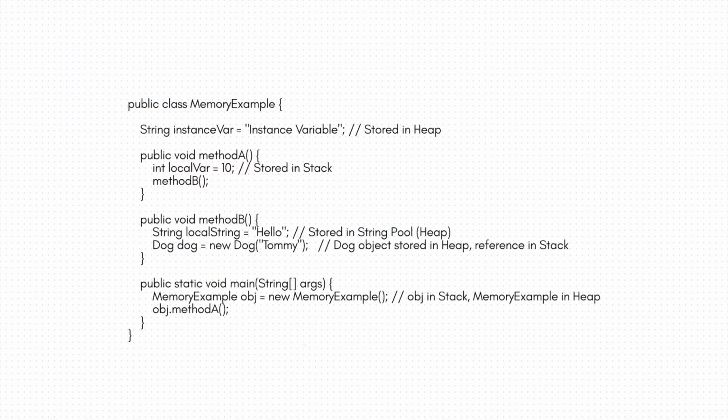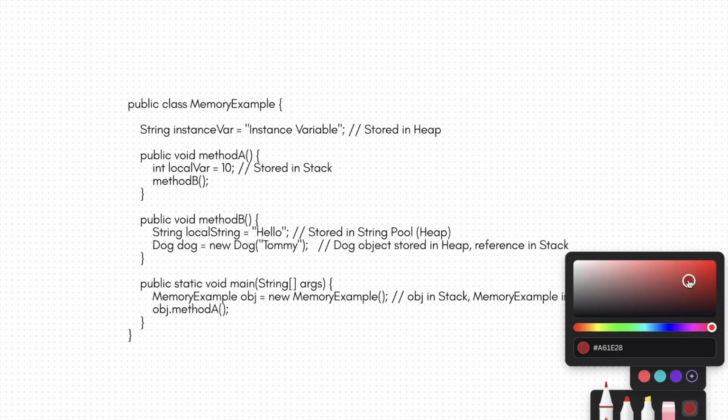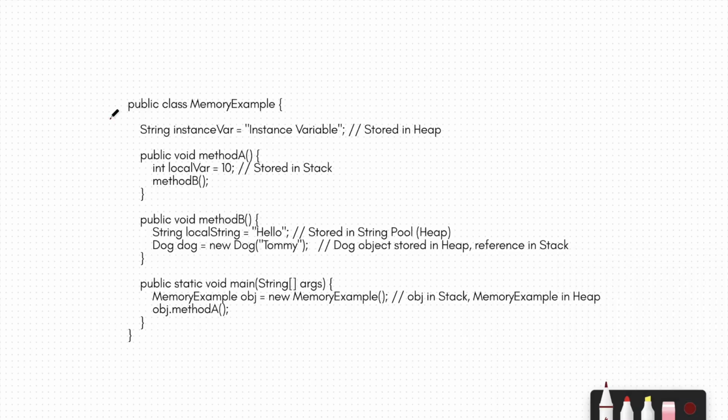So let's try to understand this with the help of this example. Let's try some other color. This looks cool. Okay, so this is the most important part. I need your total attention in this. First of all, I will have a class MemoryExample.